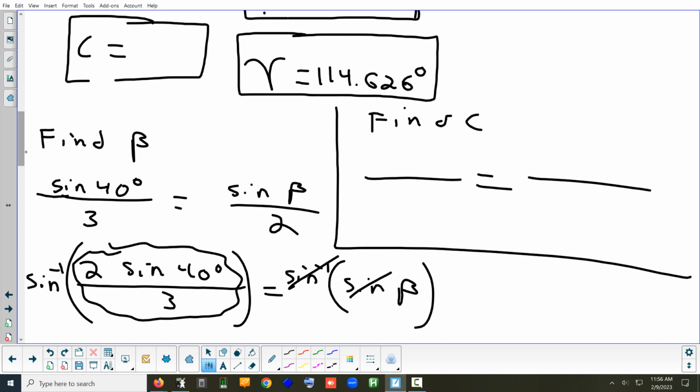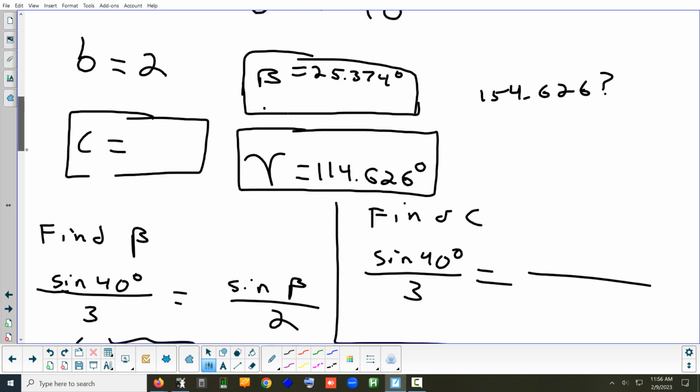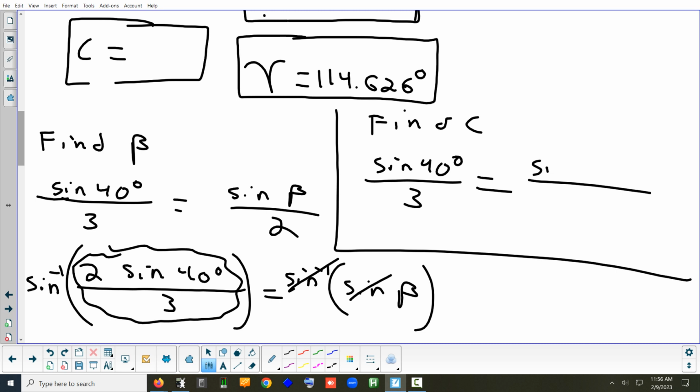Sine 40 over 3 equals, and what's going to go on the other side? Over C. So now cross multiply, and that gives you your answer for C.